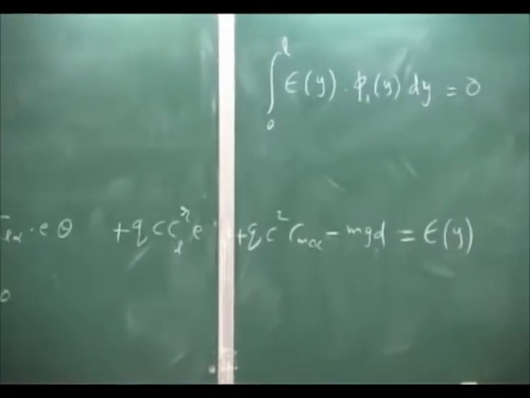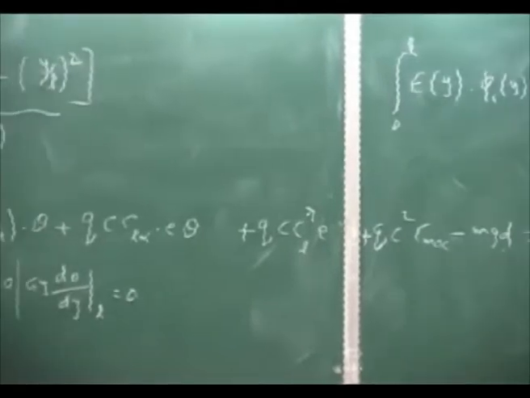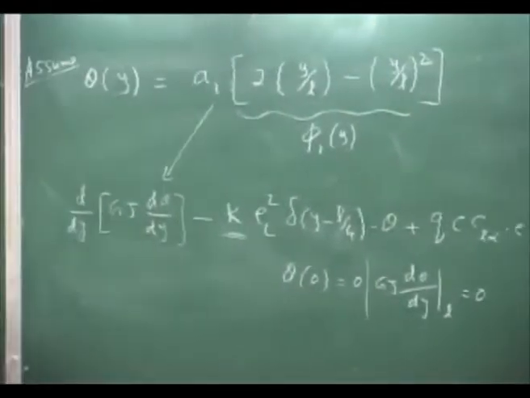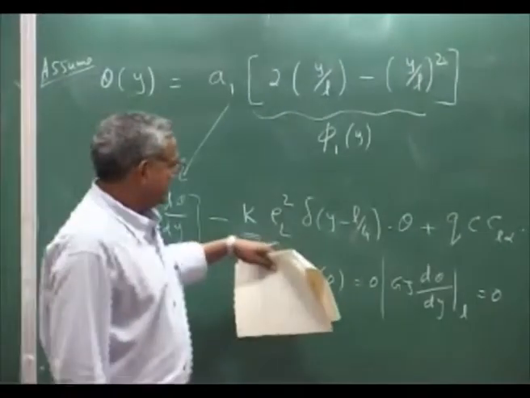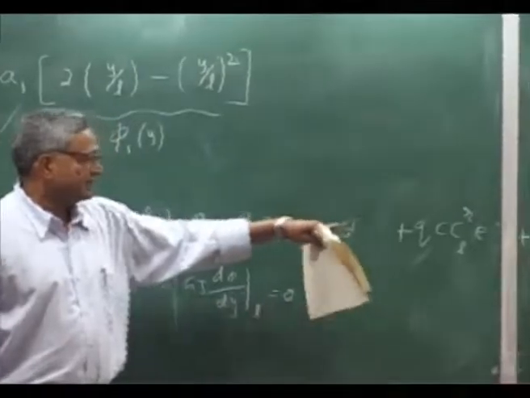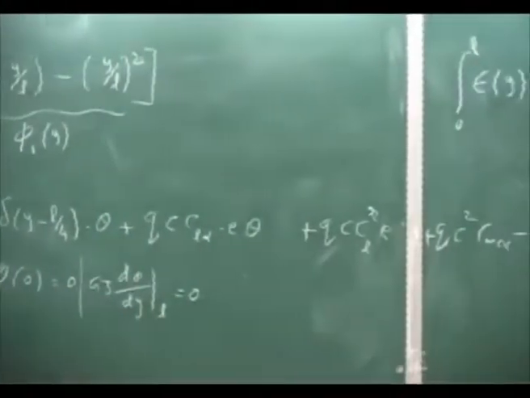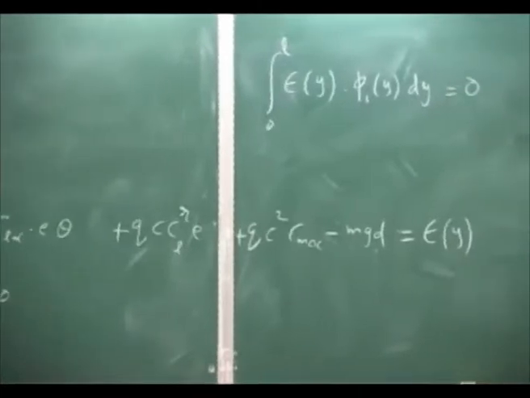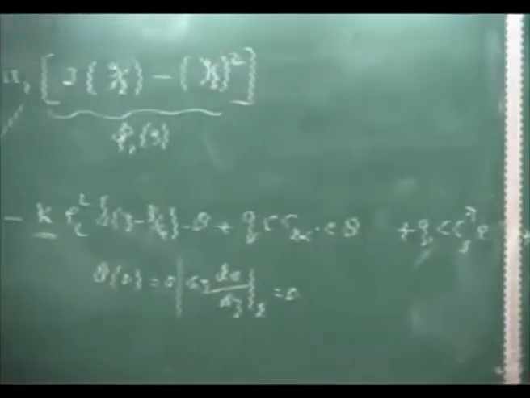Now let us make some assumption that it's a uniform wing. Uniform wing means GJ is constant and all the c, e, everything is constant. It doesn't vary along the span. So we call it uniform wing.